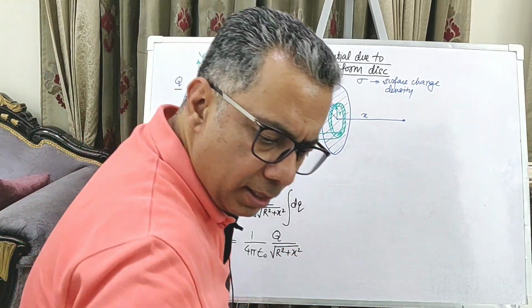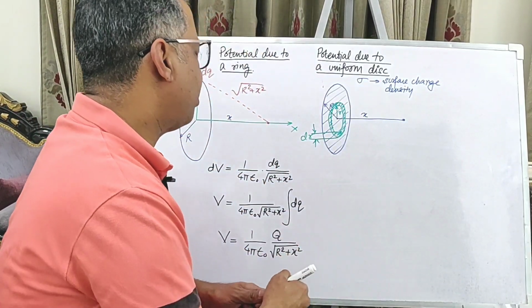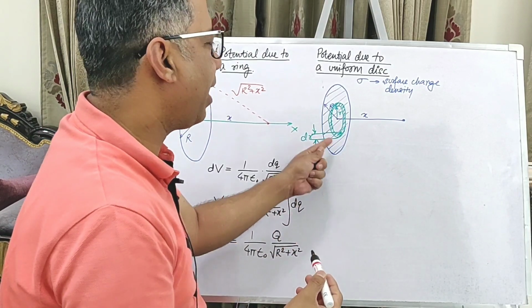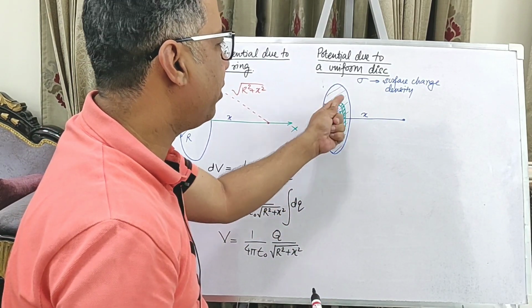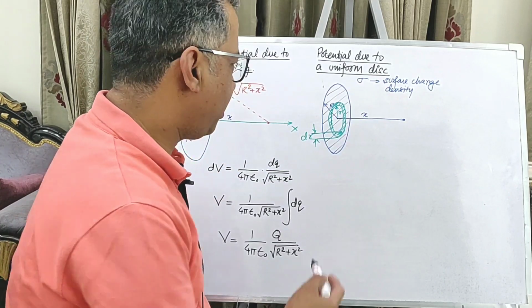Now the charge on the ring element can be calculated by multiplying the area of the ring with the surface charge density.